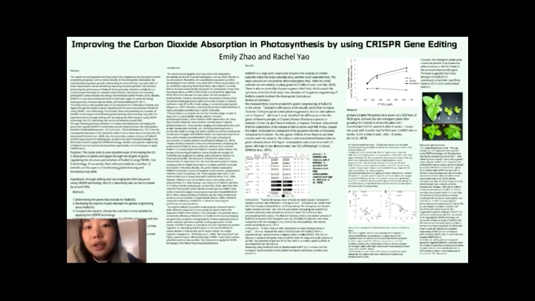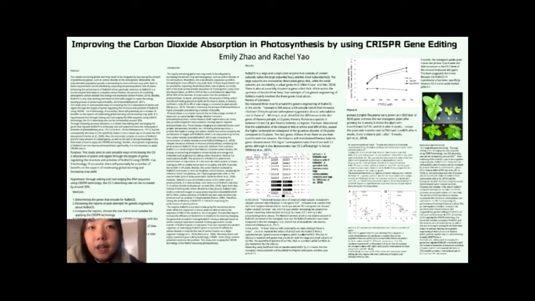In another important article we found, it is proved that there is a negative correlation between carbon dioxide specificity and catalytic turnover. The article also pointed out that genetic editing of rubisco cannot significantly increase the performance of photosynthesis overall.